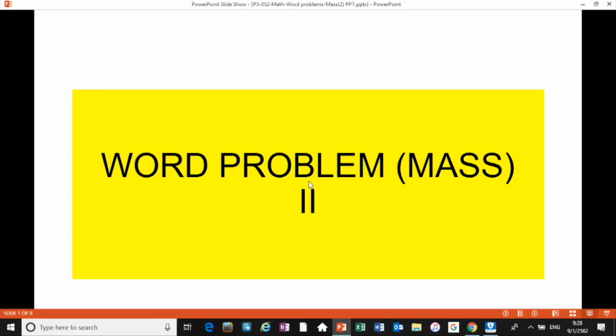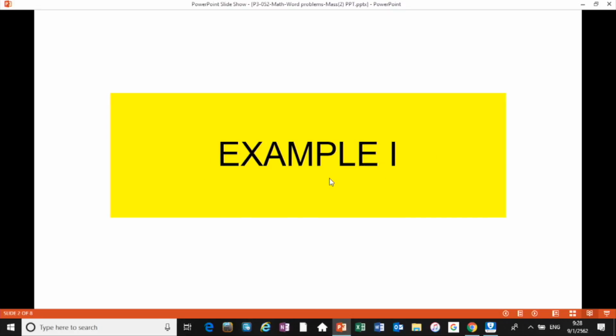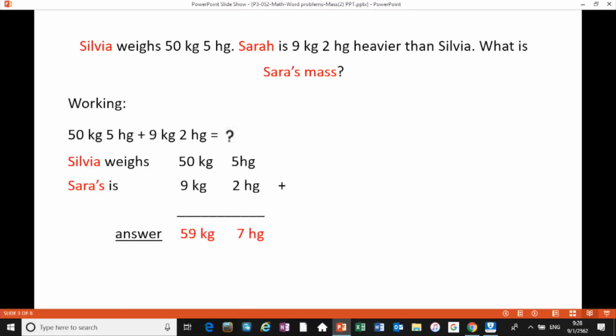Word problems with maths. Example 1. Let's do these together. Sylvia weighs 50 kilograms, 5 hectograms.